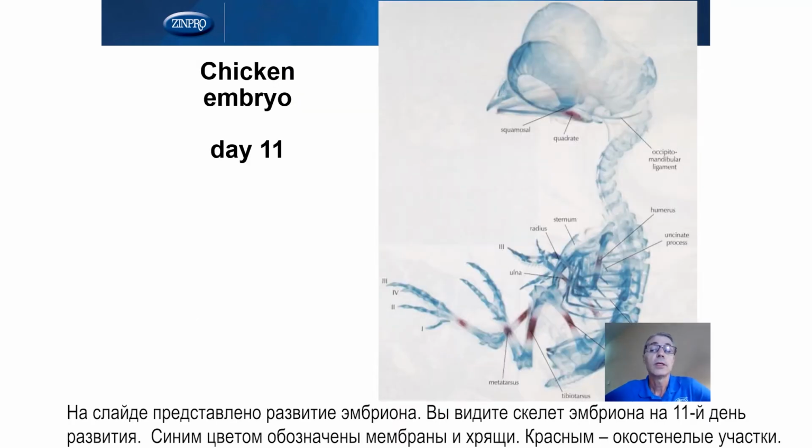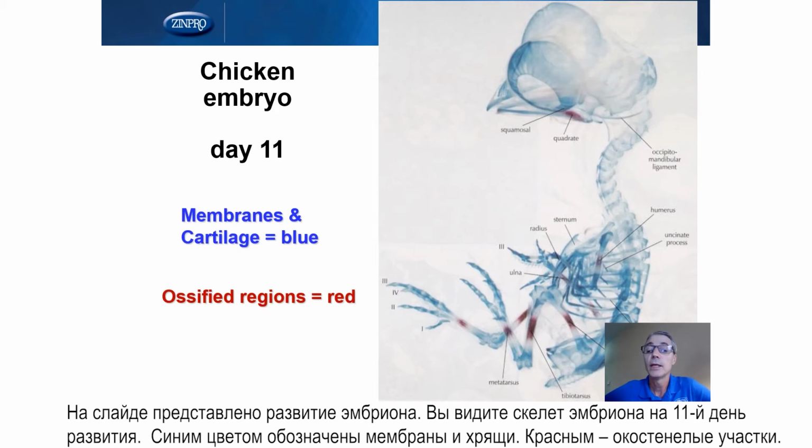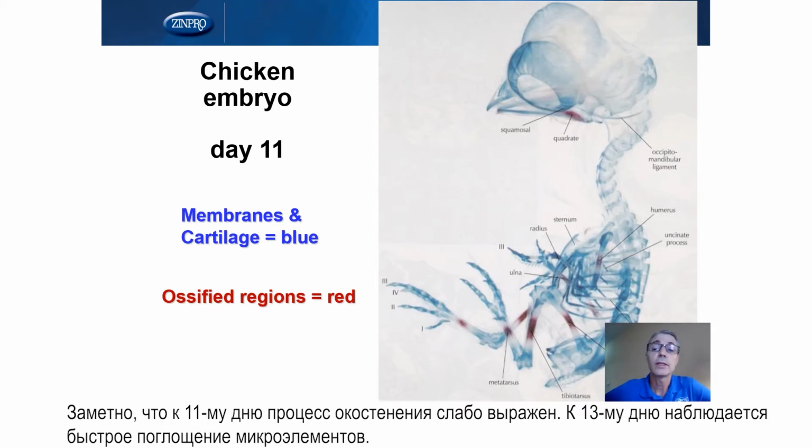As you can see here on the development of the embryo, this is the picture of day 11 of the skeleton of the embryo. What you see in blue are membranes and cartilages, and what you see in red are the ossified regions. By day 11, there's not much ossification going on in the development of the embryo.